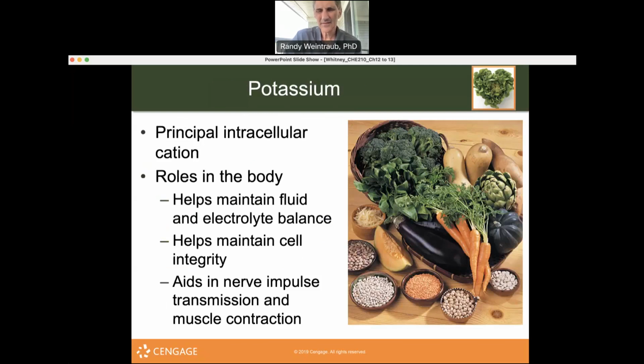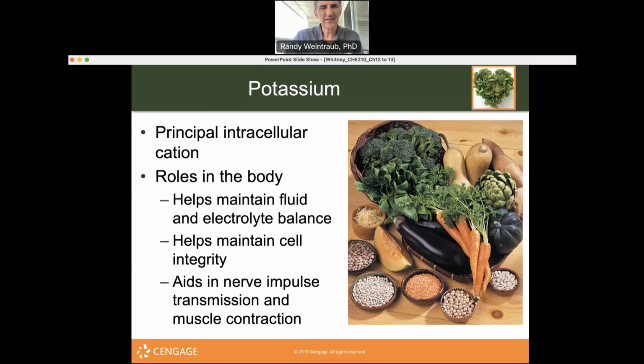Potassium, a really important mineral, is often deficient in diets because of intake of ultra-processed or processed foods dominant in an eating pattern. The roles of potassium, again, along with the other electrolytes we're mentioning, are to maintain fluid balance. It's part of cell integrity, that balance inside and outside of the cell.